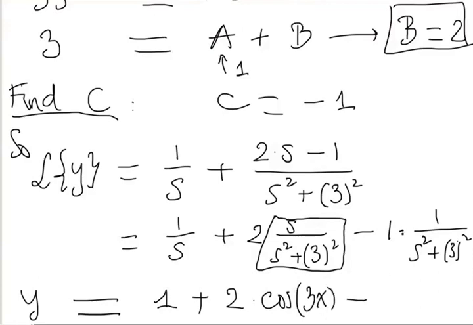The last one is a little tricky. For the Laplace transform of this, we have sine. But remember that the Laplace transform of sine has a beta in the numerator. In this case, beta is 3. But in the numerator, we have only 1. So we need to divide it. It's 1/3 sine of 3x.